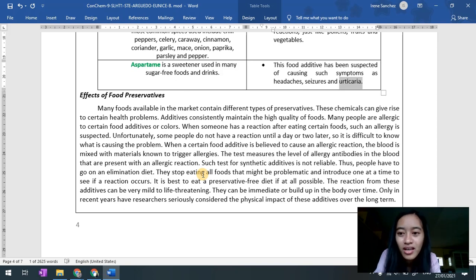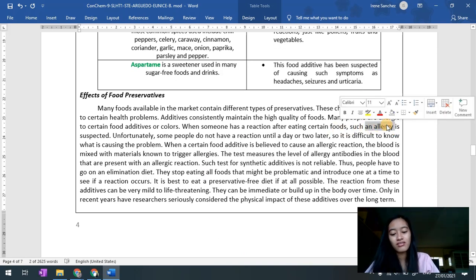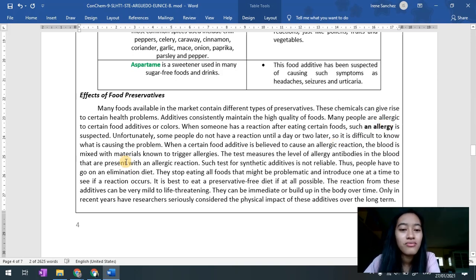Yes, that's their purpose. But many people are allergic to certain food additives or food coloring. So when someone has a reaction after eating certain kinds of food, an allergy is suspected. Unfortunately, some people do not have a reaction until a day or two later, so it's difficult to know what caused your allergy.